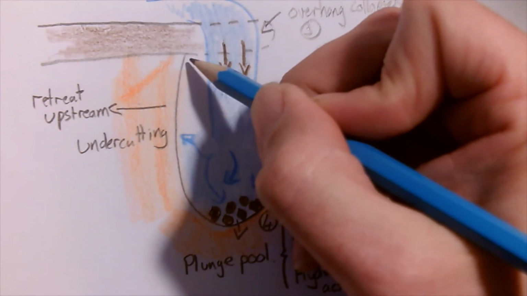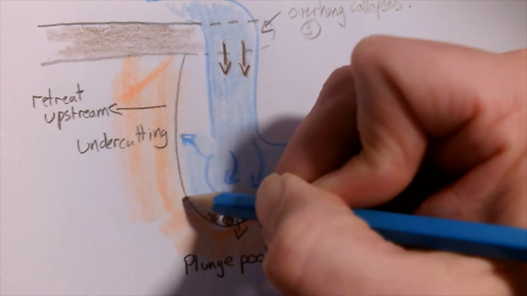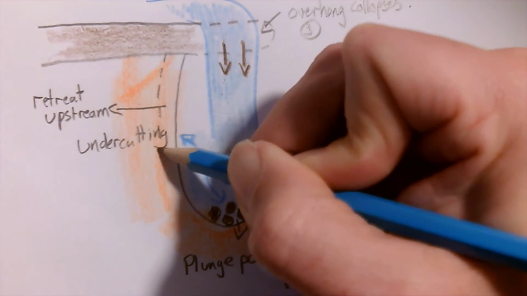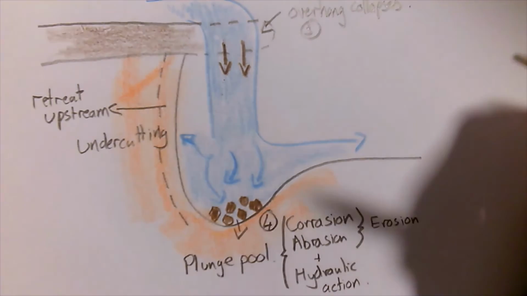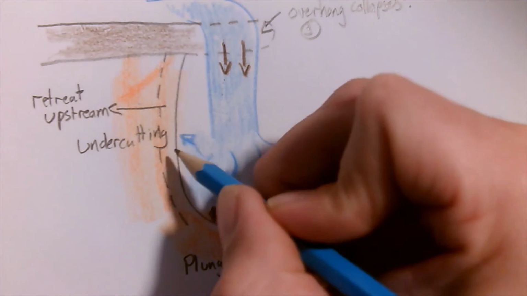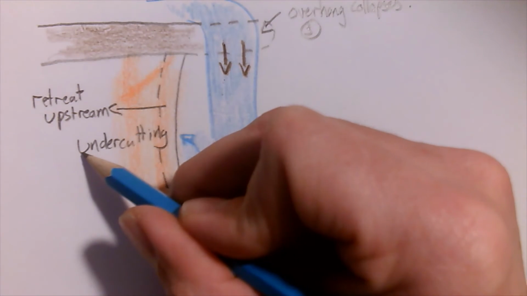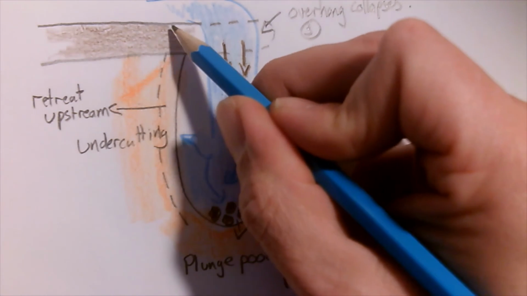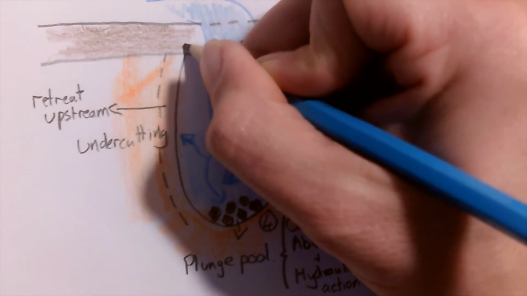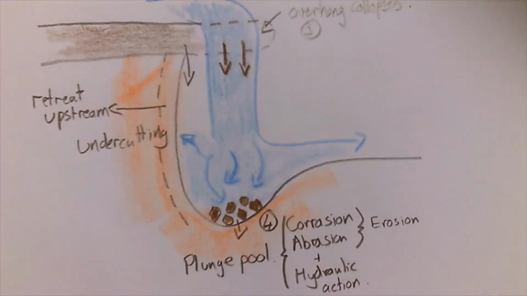So it happens like this. Further erosion of the soft rock will push the wall of that soft rock further back in a process called undercutting. The overhang will develop again and become unstable, and further collapse occurs.